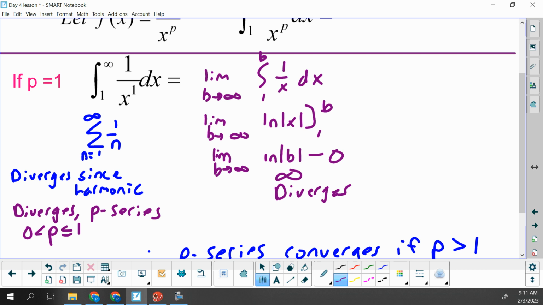If you recognize a p-series, just look at that exponent in the denominator. If it is greater than 1, then we can automatically say it converges by p-series with p greater than 1. If the exponent in that denominator is greater than 0 but less than or equal to 1, we can say it diverges by a p-series.